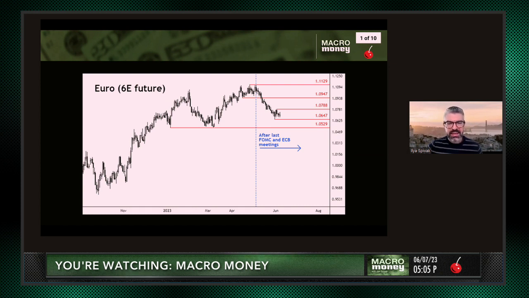Just as we get into the gravitational pull of this 105.29 level. So it may very well be that what we're setting up for is a tectonic euro breakdown that then shapes the trend for months to come.